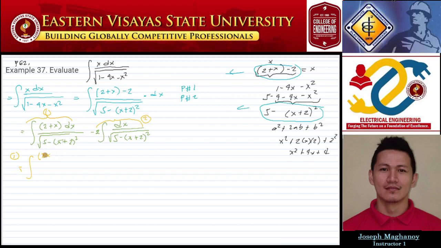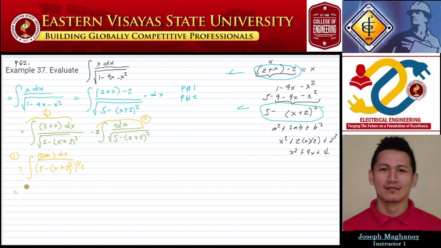the integral of 2 plus x dx all over, we remove the radical, 5 minus quantity x plus 2 squared raised to 1/2. Then we remove the fraction also.